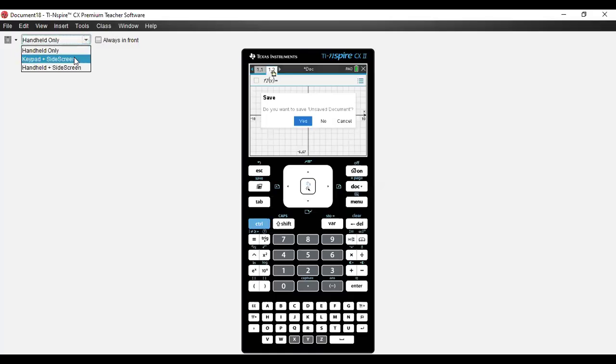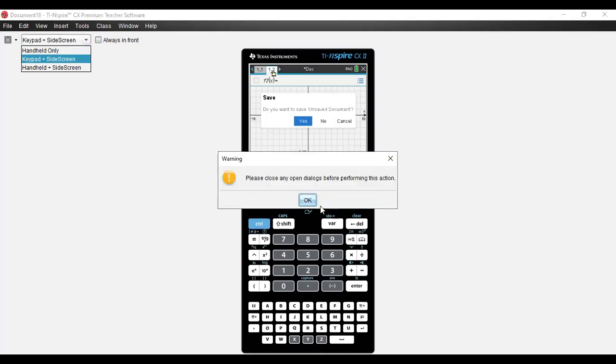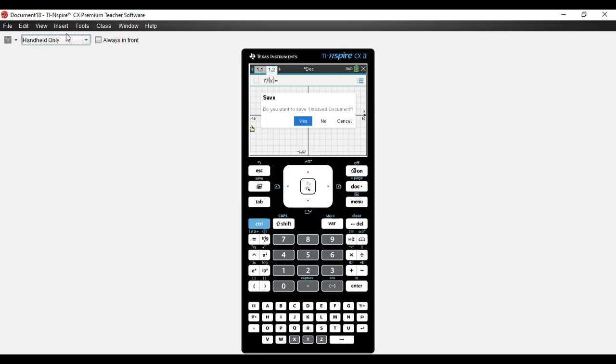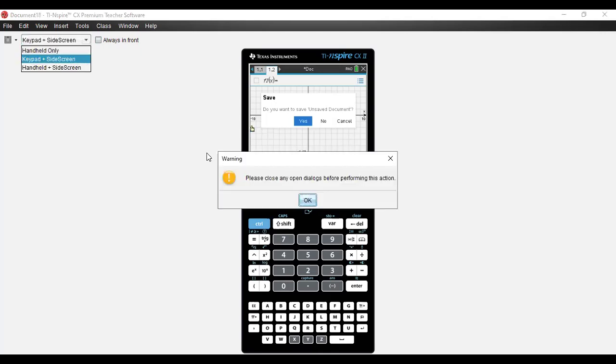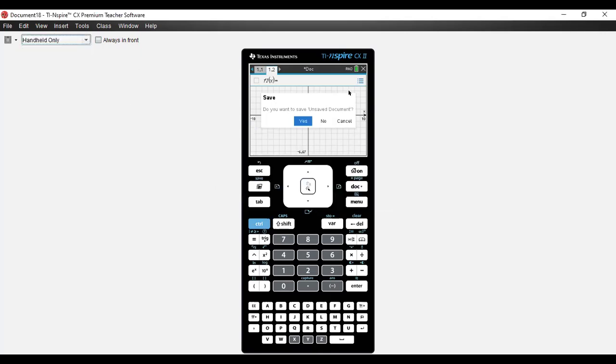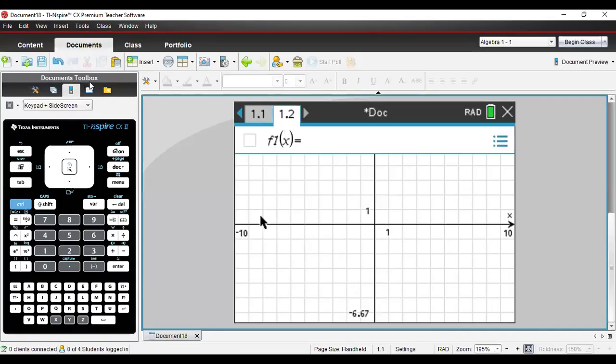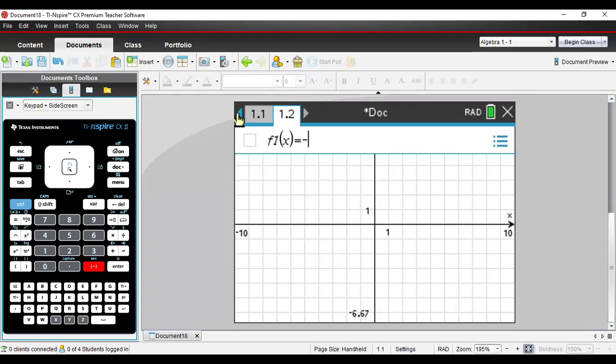Right, so I'm just going to enter it. So this is going to be -x² + 1.